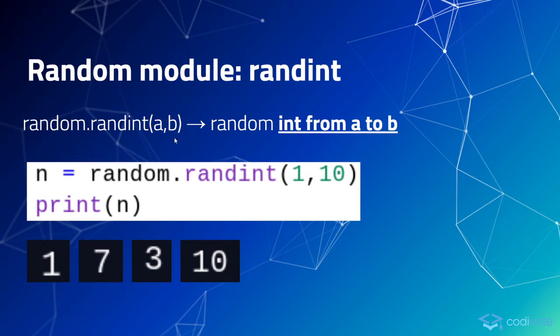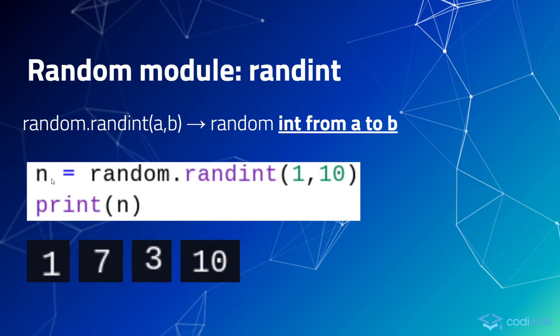The first parameter will be the start of the range, and the second parameter will be the end of the range. Let's say our starting and ending parts of the range were a and b. This would give us a random integer from a to b, and it would be possible that we get a and b as a random integer. It's not going to be exclusive.